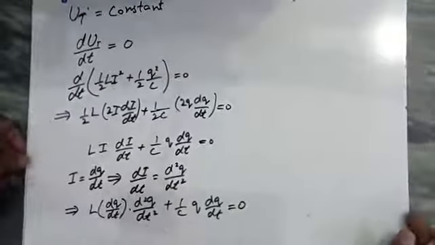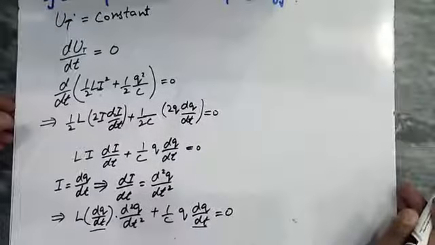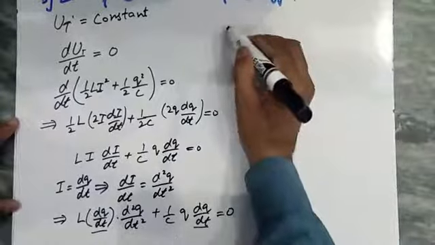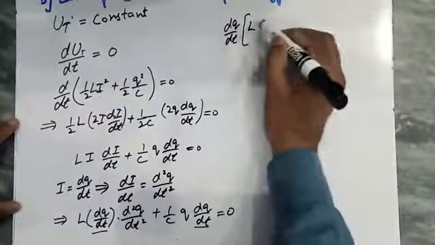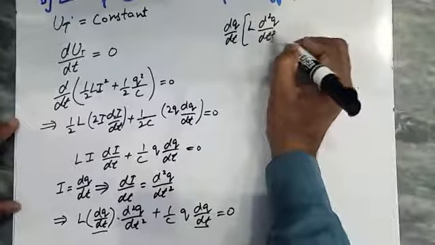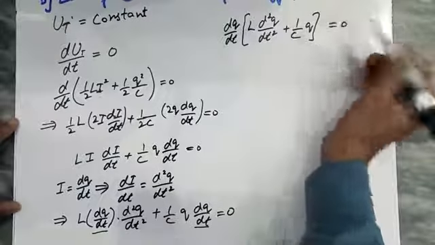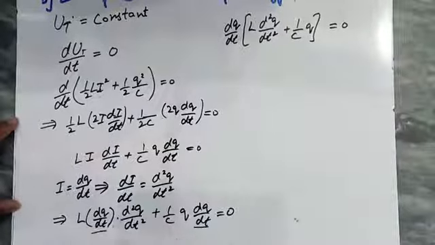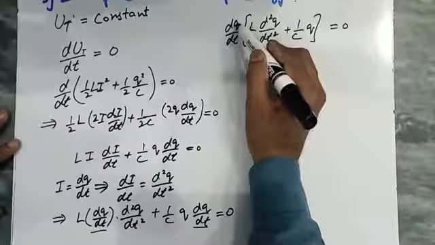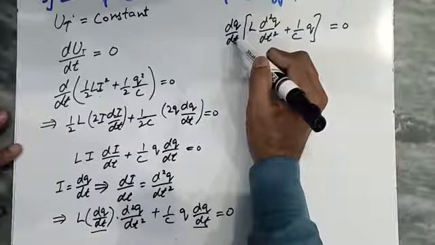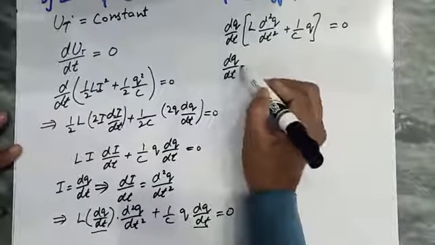Now I can take dQ over dt common from these two terms, and I can write this equation as dQ over dt into L d square Q over dt square plus 1 over C Q is equal to 0. These terms are taken common, and as charge is flowing, rate of flow of charge is not constant. So from here we can write dQ over dt is not equal to 0.